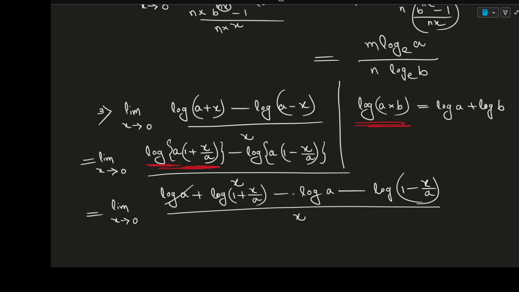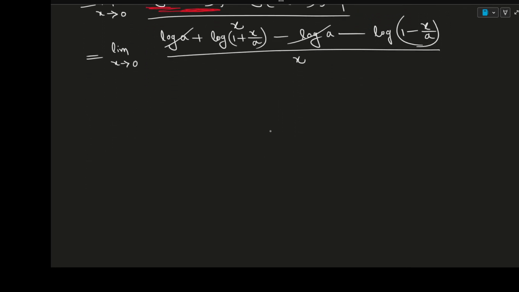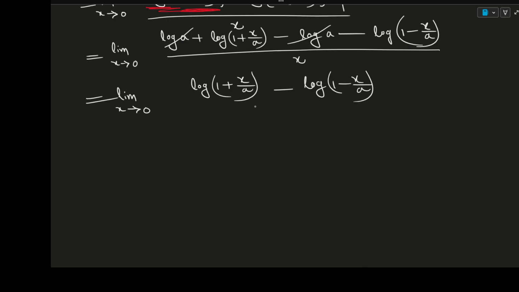So we can cancel out log a minus log a. Then the reduced expression will be limit x tends to 0 of log 1 plus x by a minus log 1 minus x by a, divided by x.